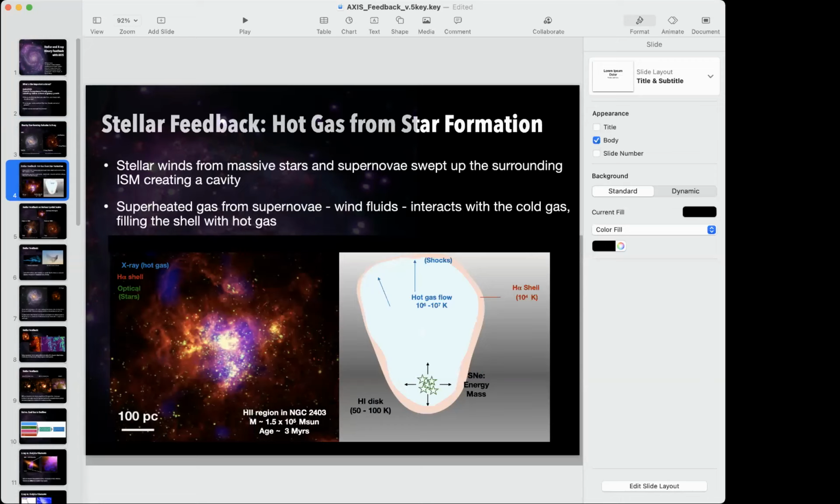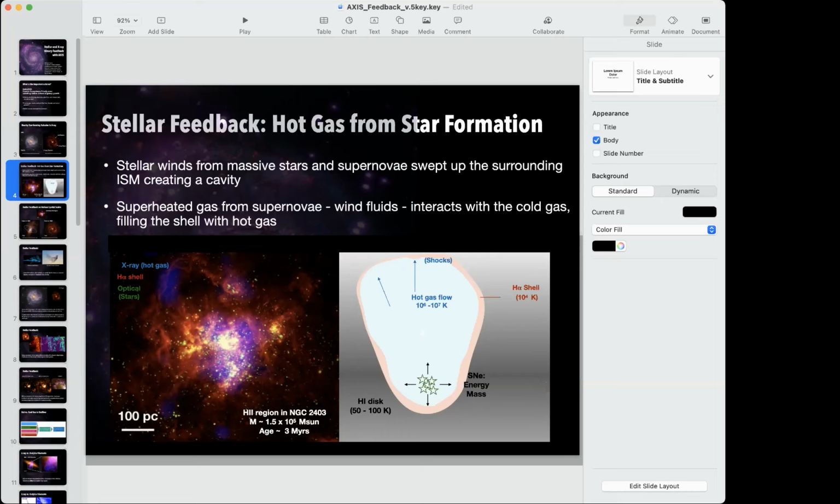Here is a cartoon figure of the very basic idea of how hot gas is created from the star-forming activity. The left figure is the side view of the star-forming region. And the grayscale indicates the cold gas density, and the darker gray color indicates the galaxy disk.